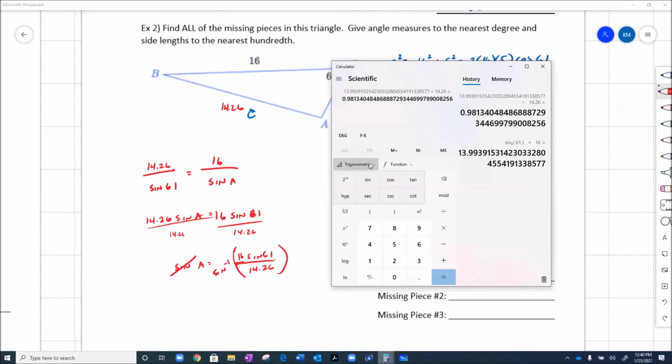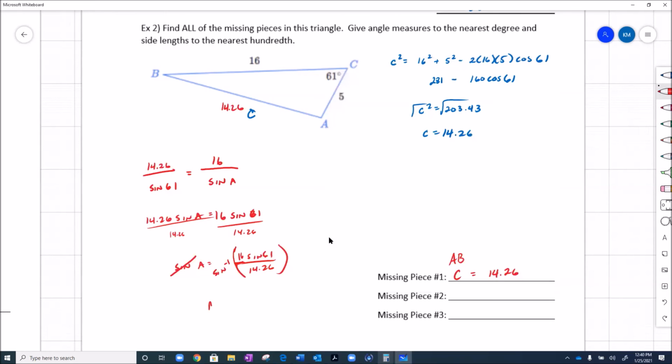And then I'm going to do second, so I can do my inverse sine, and that gives me 78.9. Okay, so we find out that A is 78.9 degrees. But it says to the nearest degree, so we'll get angle A to be 79 degrees.